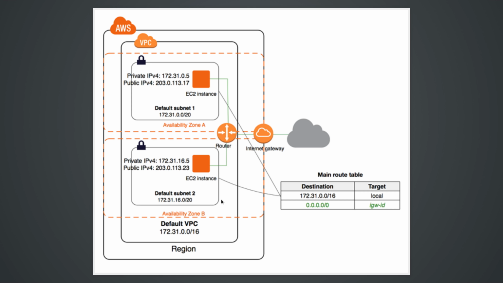This internet gateway is doing a one-to-one NAT for all the instances that have a public IPv4 address mapped to it, as you can see.